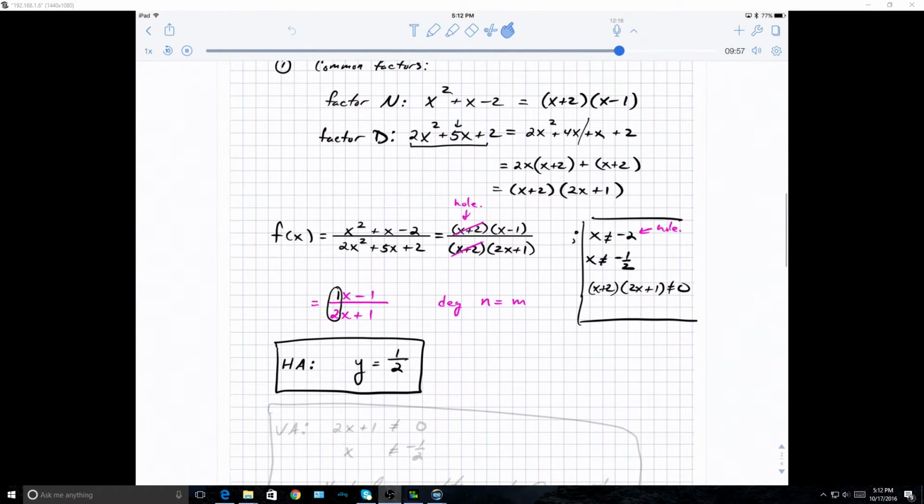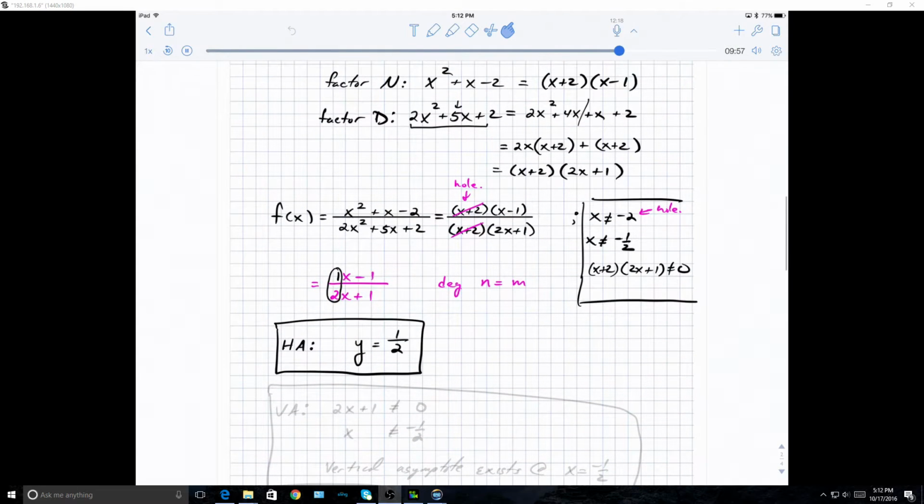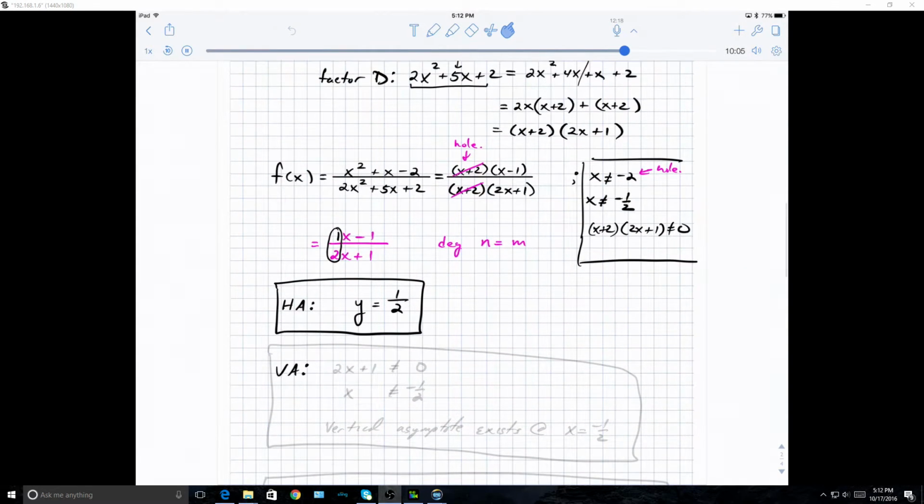Now, we've already calculated the vertical asymptote, actually. The vertical asymptote here is given only by the denominator, which is 2x plus 1, and that cannot be equal to 0.